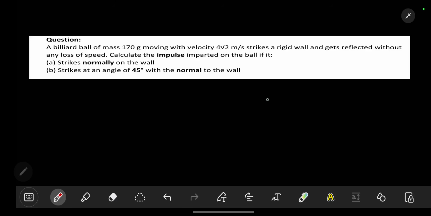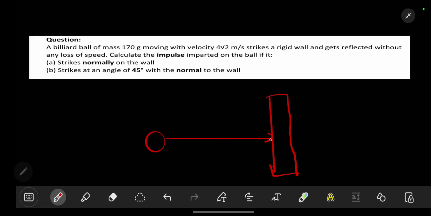Okay, I forgot to put the diagram here. So the diagram is like this. We have a wall, then we have a ball, a billiard ball. It is thrown normally to the wall, which means at a 90 degrees angle.